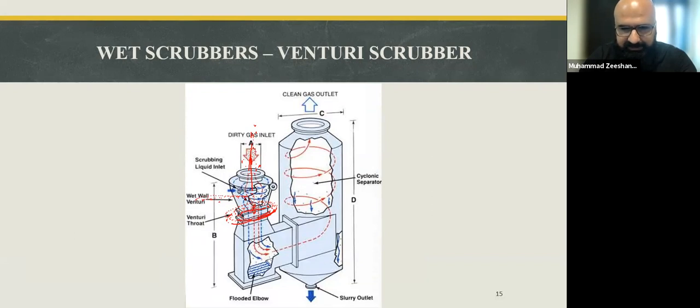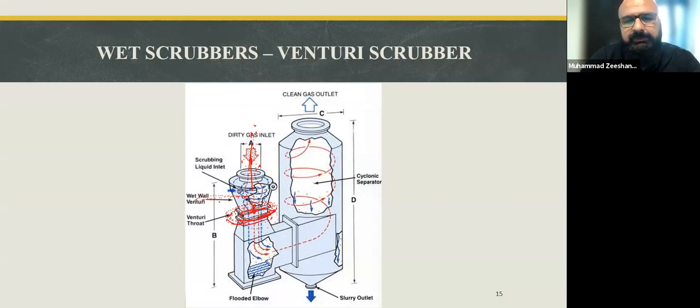The water and the dirty gas is passing through this slit. So it means that there is a higher level of contact, higher degree of contact achieved between dirty gas and water, right? So the chances of PM attaching water droplets are much higher in this case, right?